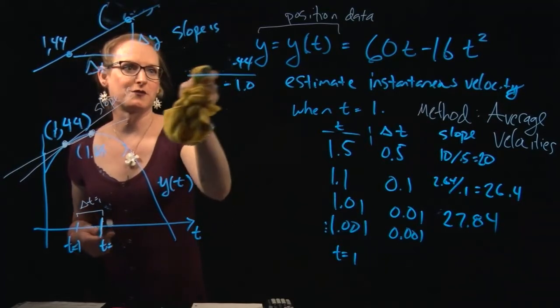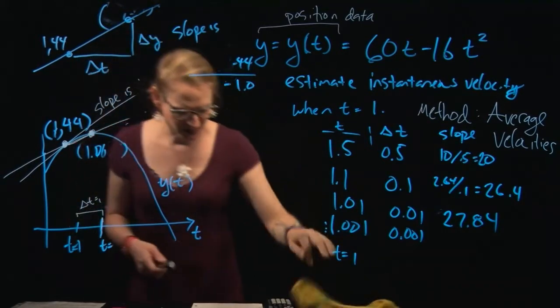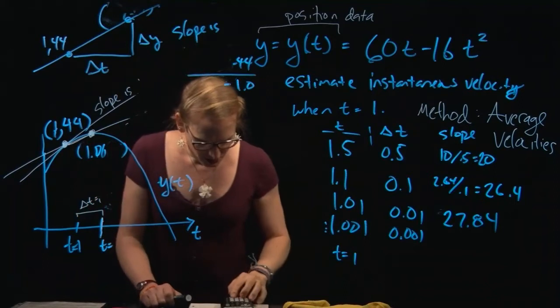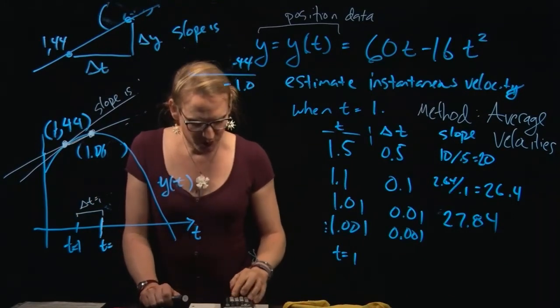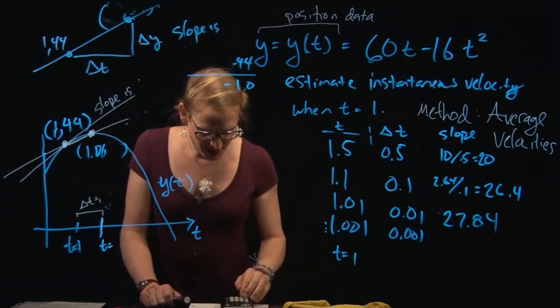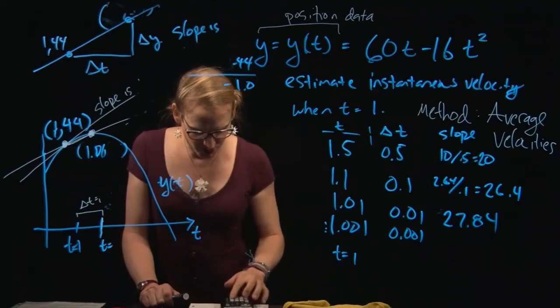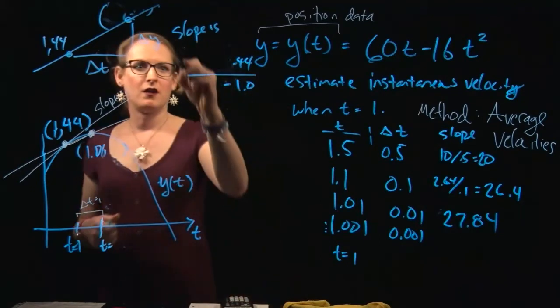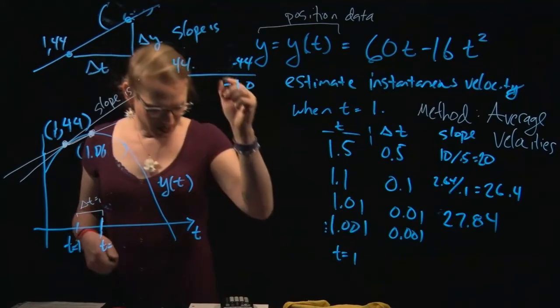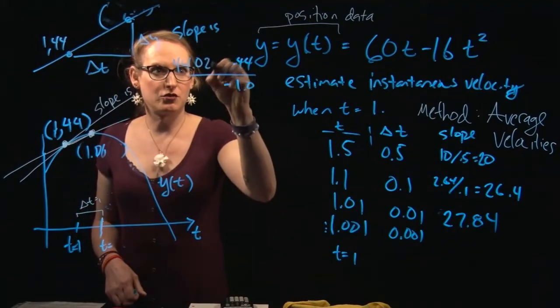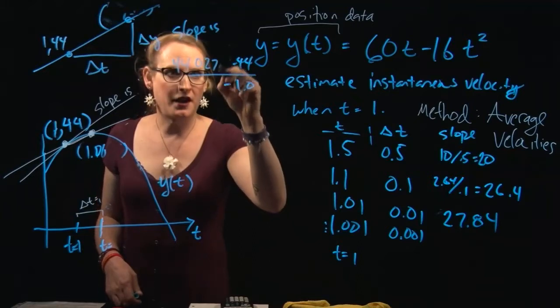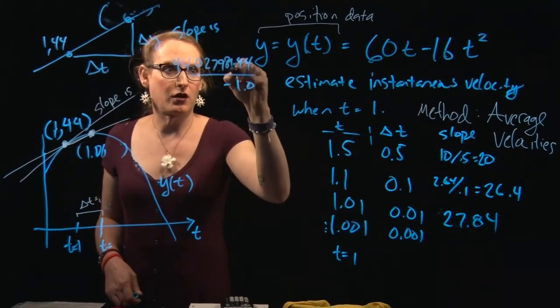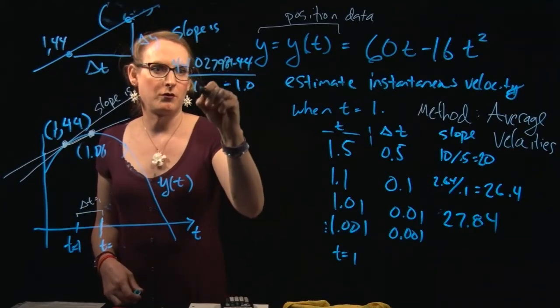I know I'm going to need more space because it's going to be a longer number. Okay. So 60 times 1.001 minus 16 times 1.001 squared, 44.027984, 1.001.